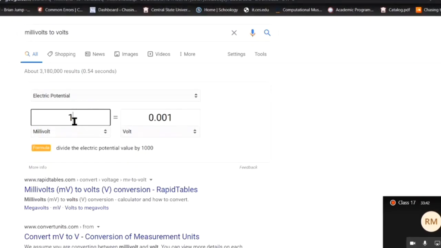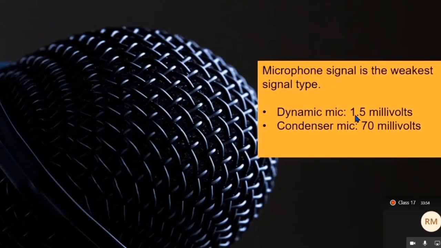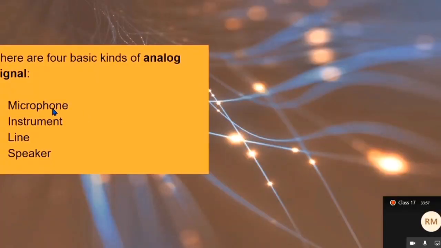So 70. So now we're at 0.07 volts. So this is a tiny signal. Tiny signal. So the microphone, one of the 4 basic analog signal types, that's a tiny little baby signal.